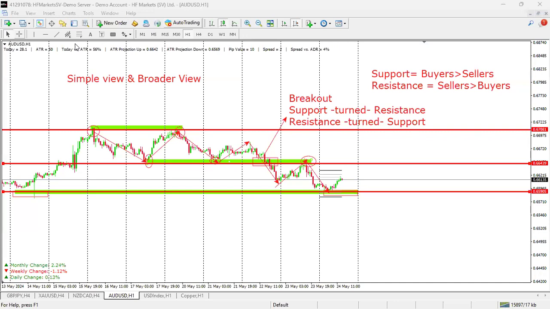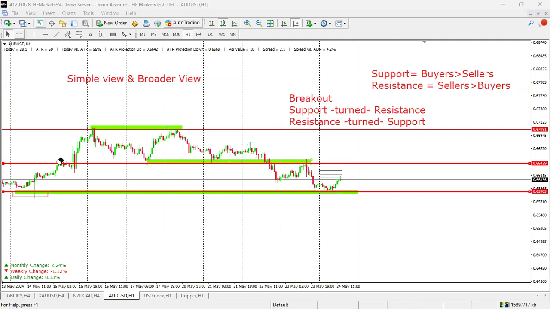Let me tell you something: there's no guarantee in the market. In case you don't know, there is no guarantee in the market. That means you cannot 100% say this is where price is going to retrace to and stop. You know why I'm saying this? Let me show you something.